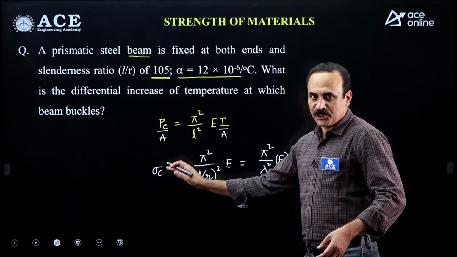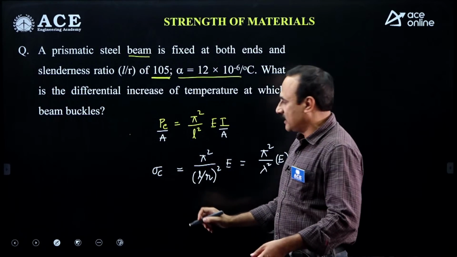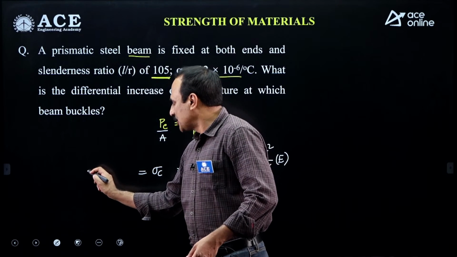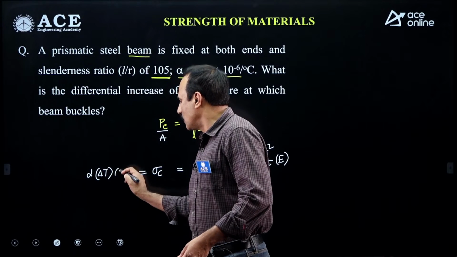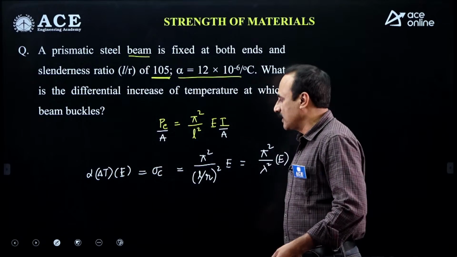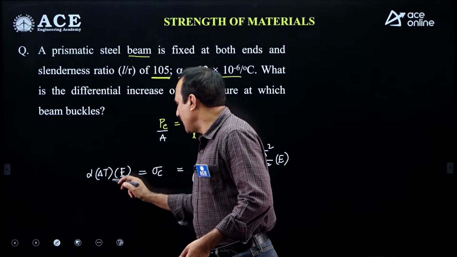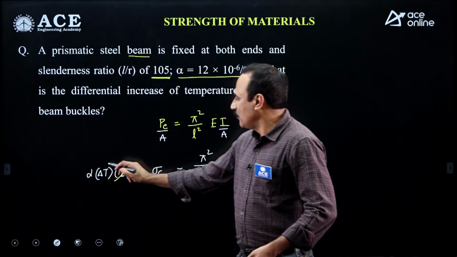You need to create this stress by increasing temperature. The temperature strain is alpha delta T, and strain into Young's modulus is the stress due to temperature. Now equate on either side, cancel Young's modulus on either side, and we want delta T.